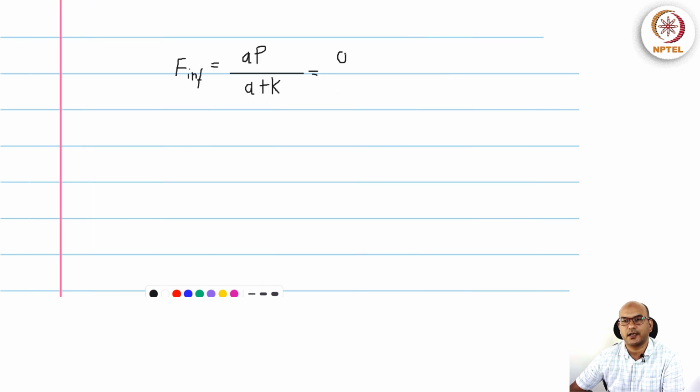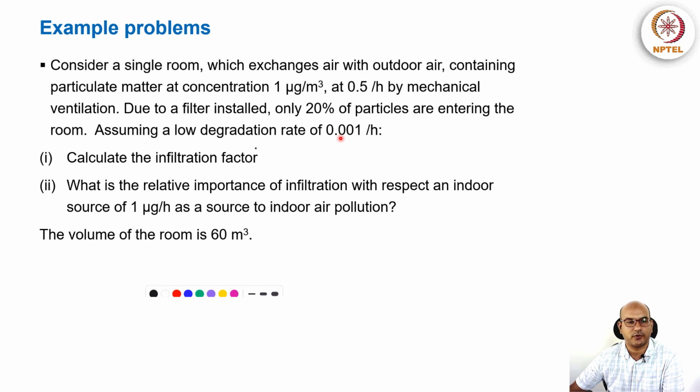So A is 0.5 per hour. Penetration efficiency was 20%, so P is equal to 0.2, and K is equal to 0.001 per hour.